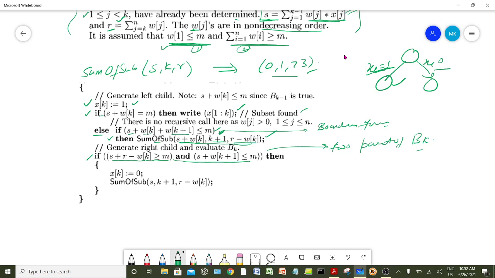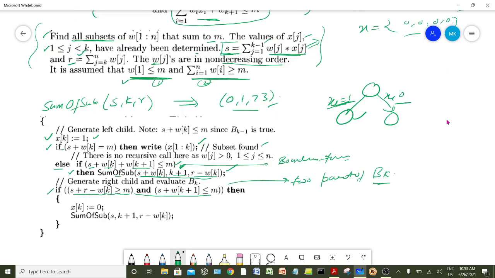To understand how these two are the conditions of the bounding function, observe what the variables s and r are giving. They are giving the summation of w i x i, where i is equal to 1 to k, plus the summation of w i where i is equal to k plus 1 to n. This is exactly what s plus r means.